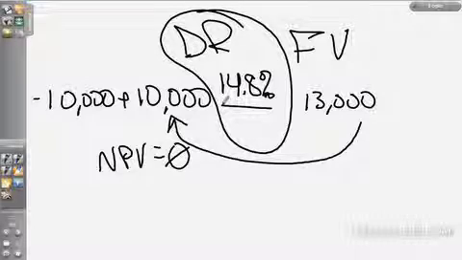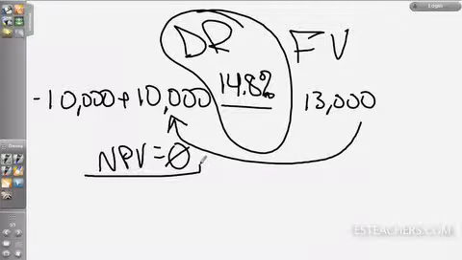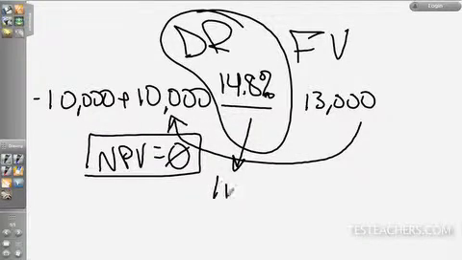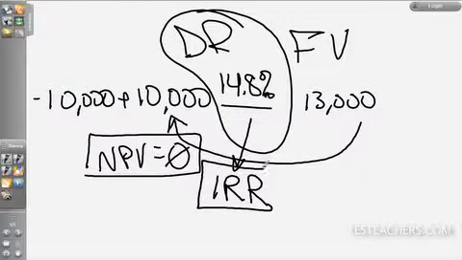The test loves this concept. When the net present value is equal to 0, the discount rate being used is the investment's internal rate of return.